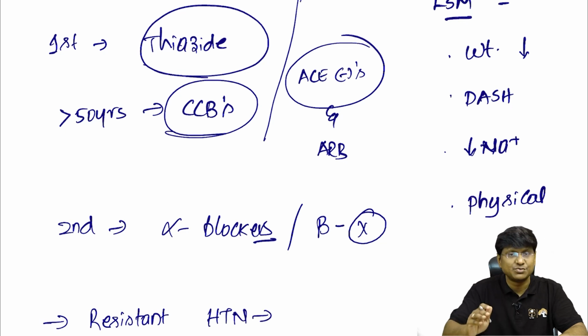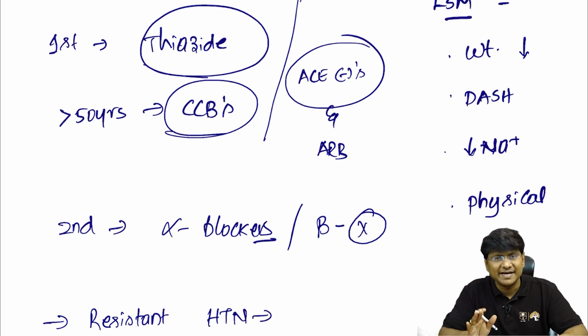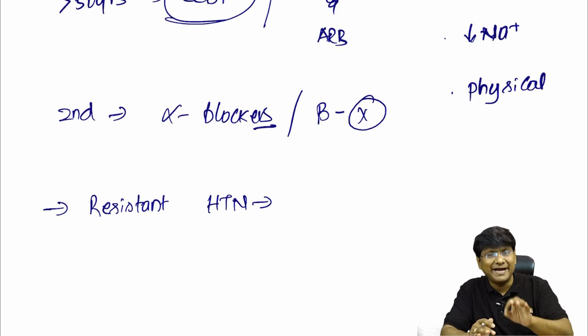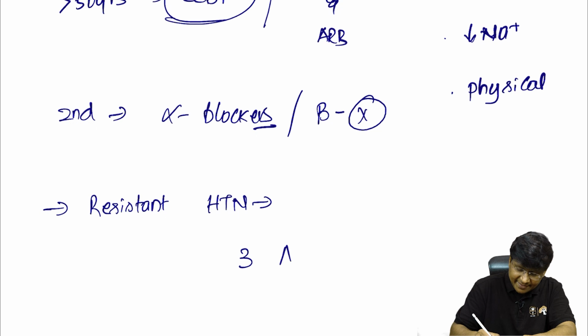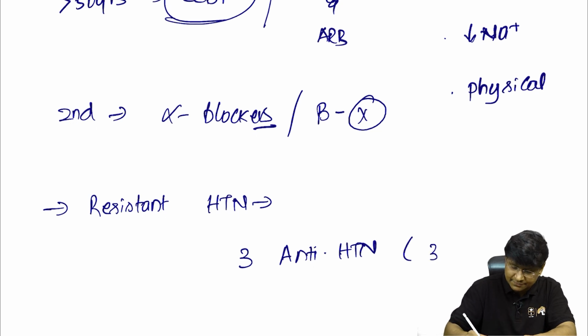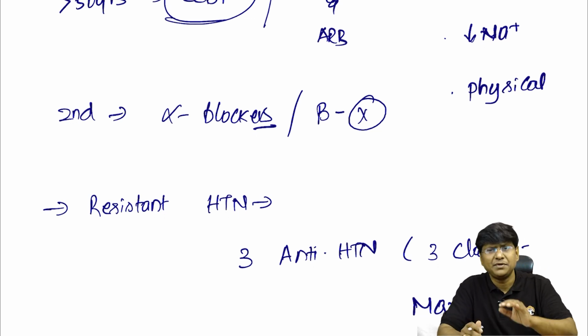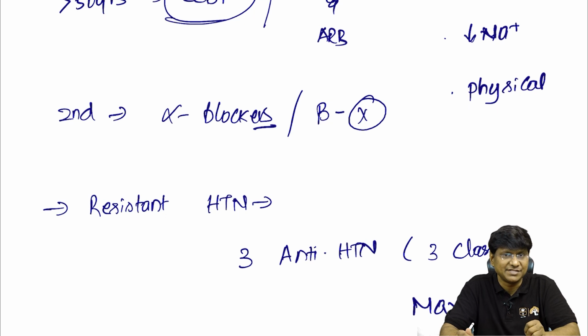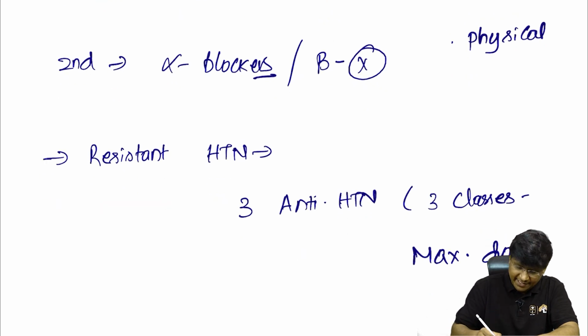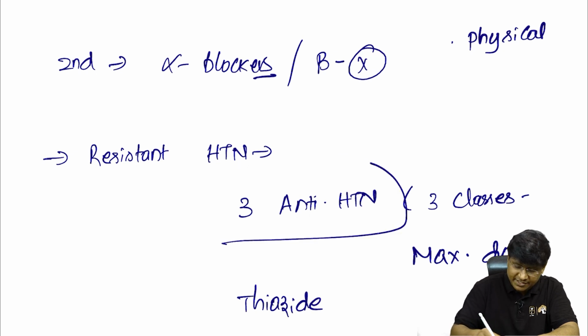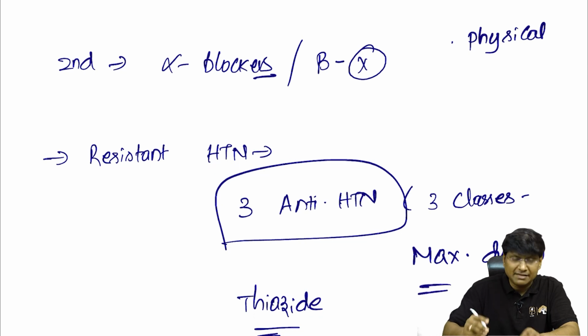What you understand by this is that in spite of giving 3 different antihypertensives of 3 different classes, where we are using the maximum dose of the antihypertensive drug, and one among them should be the thiazide diuretic.